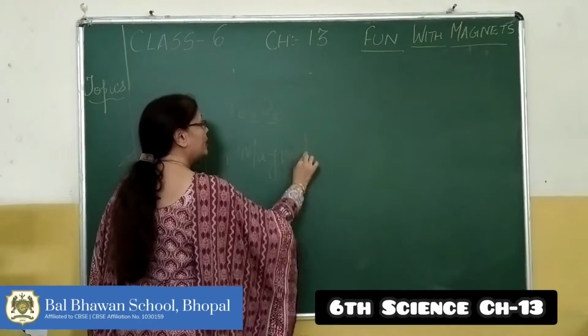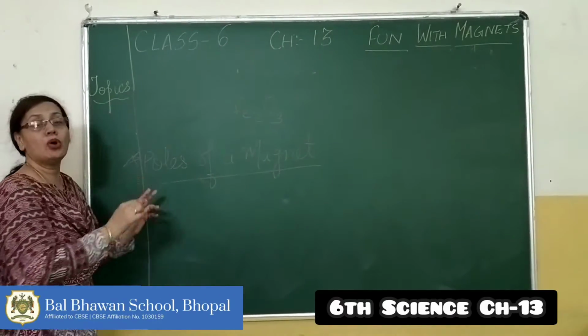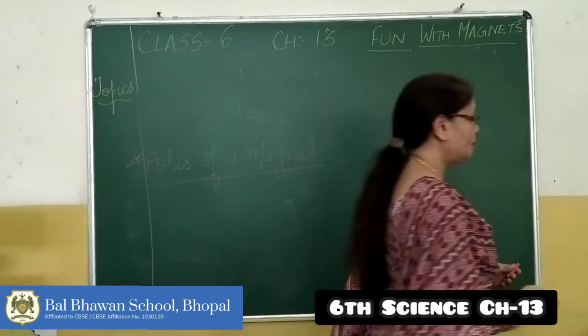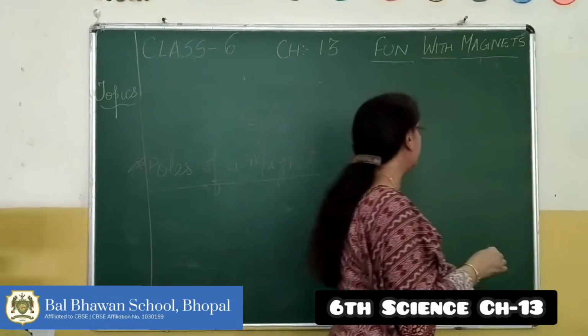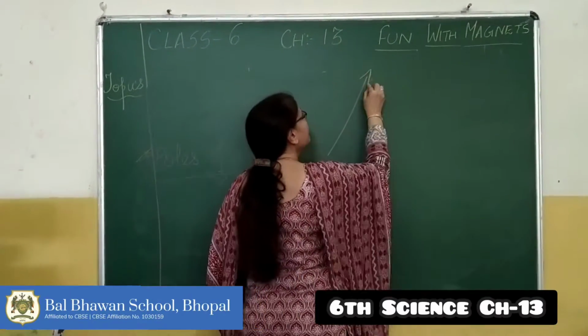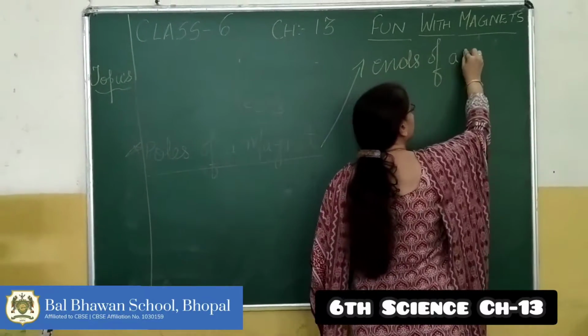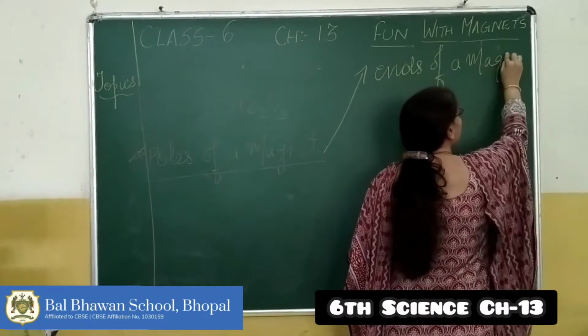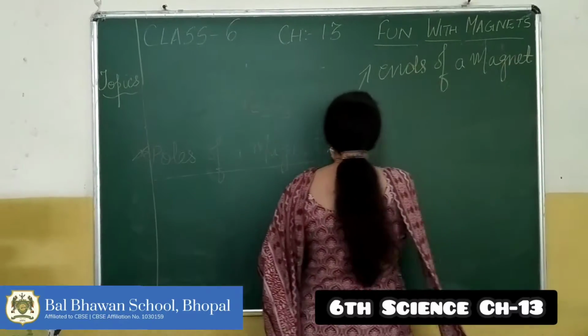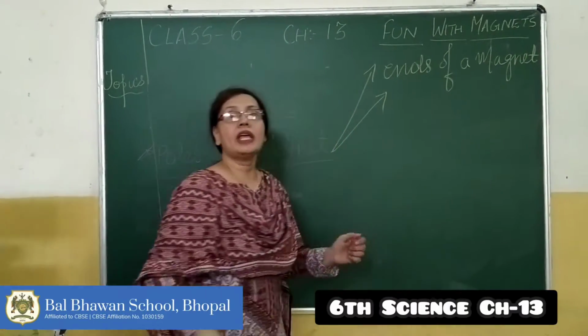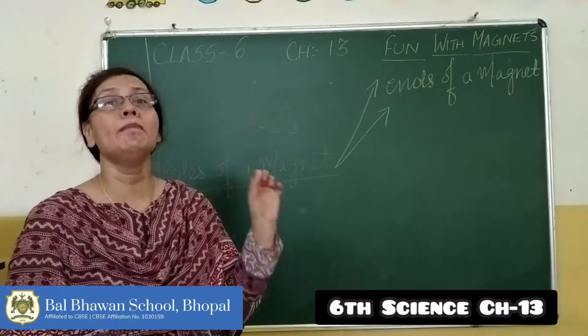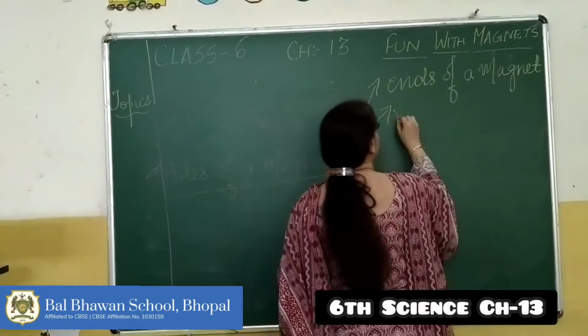So now we begin with the first topic, poles of a magnet. What are the poles? The poles are actually the two ends of a magnet. And what is so special about these two ends? These two ends have got the maximum magnetic power.